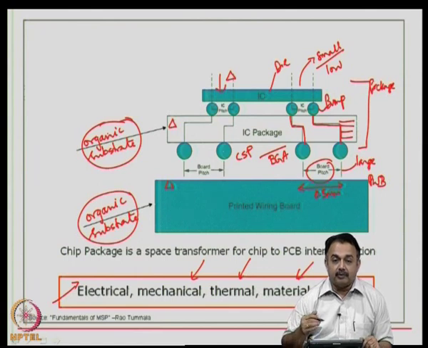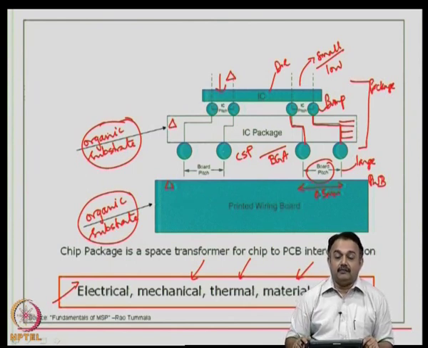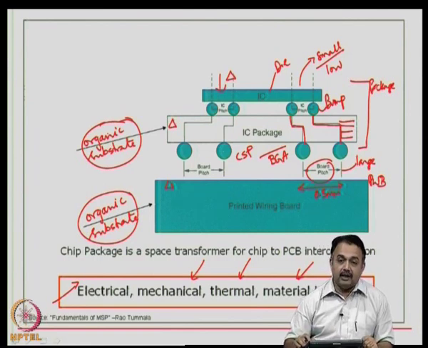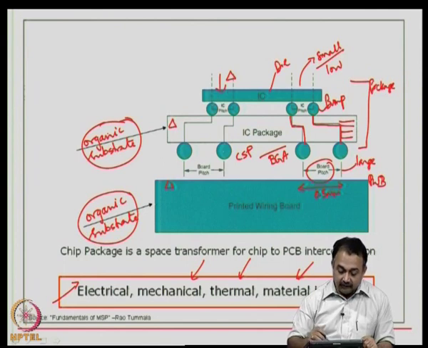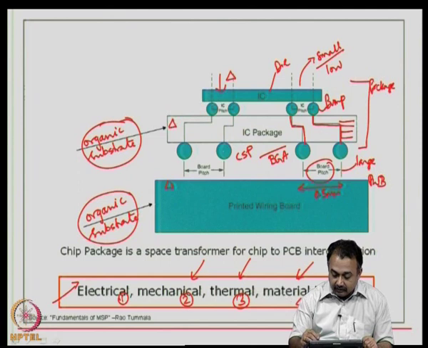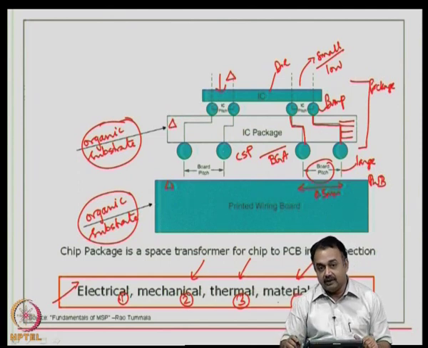Otherwise, properties of these materials like dielectric constant, moisture absorption, the thermal coefficient of expansion, and another important property called the glass transition temperature of the organic substrate, which we are going to see in detail when we come to PWB technologies, are going to play a major role in defining this system. If I call this a system, all these 4 points, electrical, mechanical, thermal and material issues, are going to play a major role.